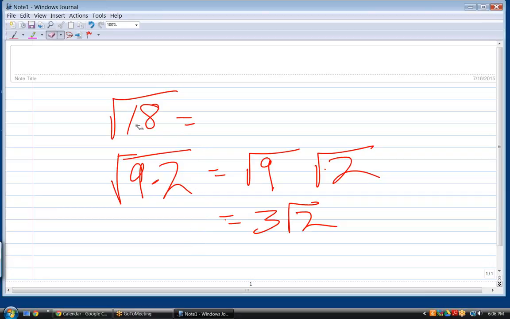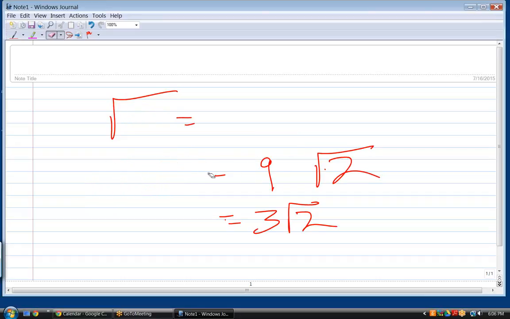It's got to be two numbers that are factors of 18, like 9 and 2. 9 times 2 is 18. So it's got to be numbers that multiply together to give you this.